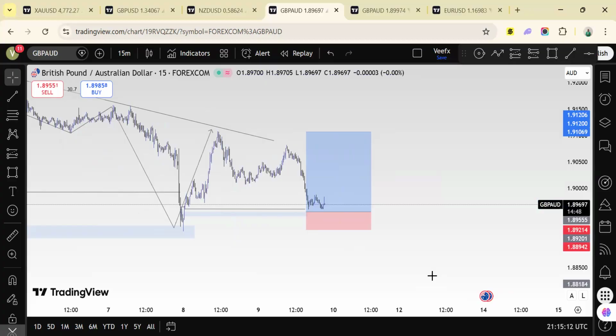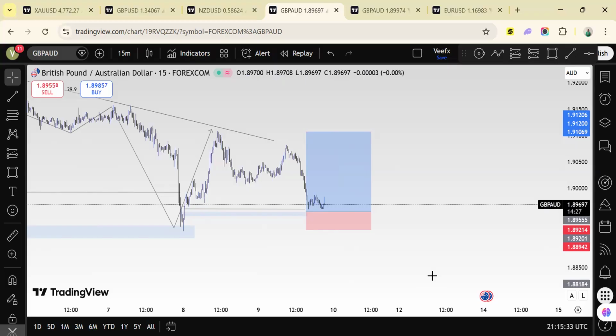So you don't just rush into any order block or breaker block you see and just enter. You need to first of all see that there is a market structure shift or a multiple break of structure on the market.